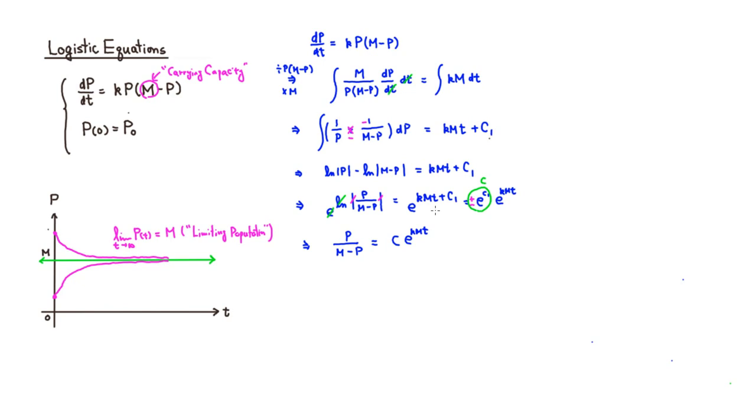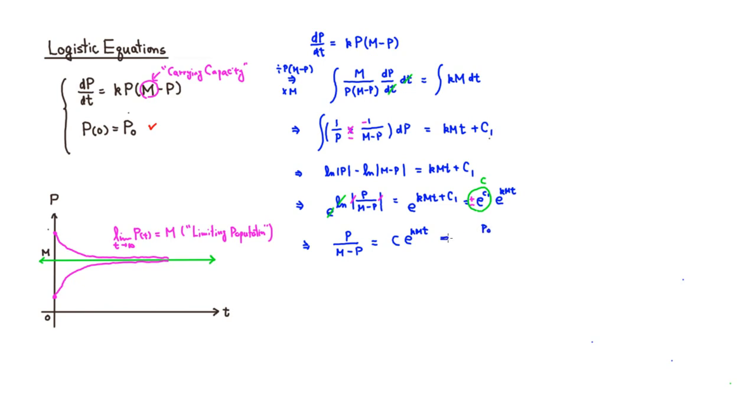Before we go any further, I'm going to use this initial value condition so that we can find this c. I'm going to plug in t equals 0. So P of 0 is P0.